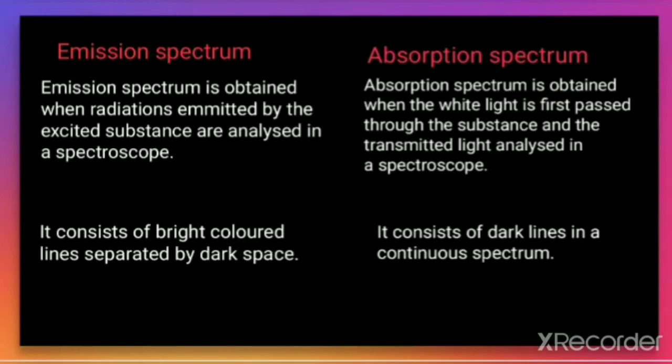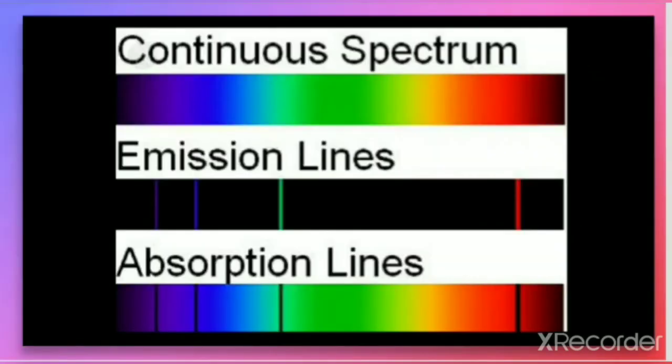When you observe the two spectra, if there are bright color lines, then it is called an emission spectrum, and if there are dark color lines, then it is called an absorption spectrum. This is an example of a spectrum for a particular element. The continuous spectrum is a spectrum of white light.